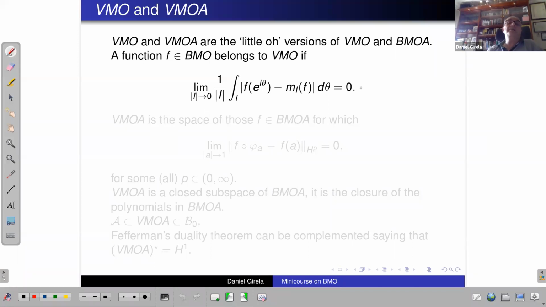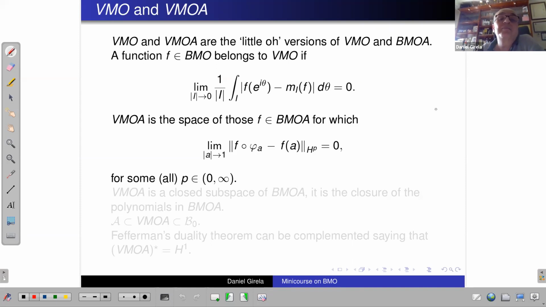And in a similar way, when we go to the analytic space, recall that one of the characterizations of BMOA was that the family of the composition of f with all the conformal mappings of the disk into itself, minus the value of f at a, was a bounded subset of H^p. Well, if we substitute this being bounded by the limit as the absolute value of a tends to 1 of this being 0, then we get what we call VMOA, analytic vanishing mean oscillation.